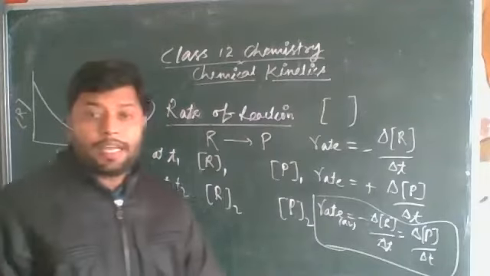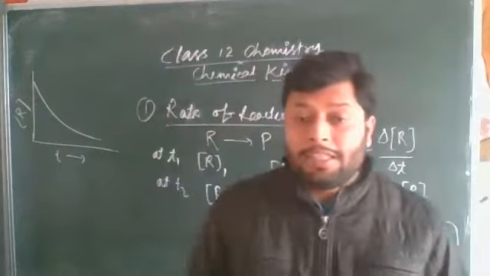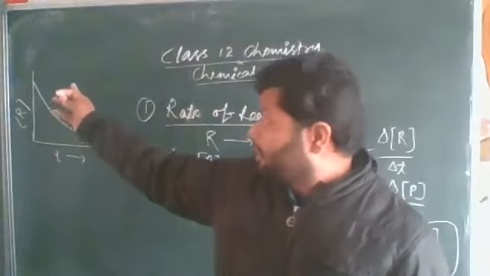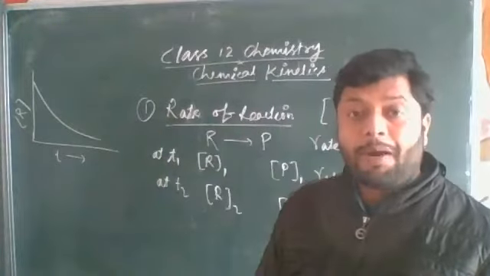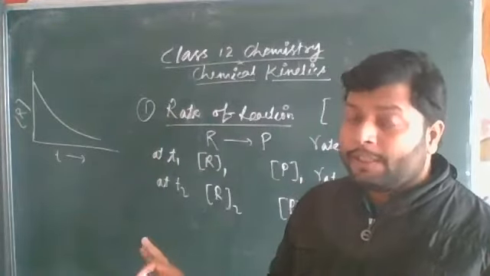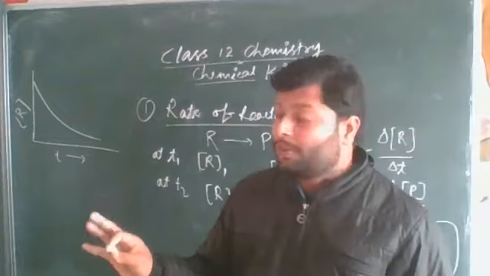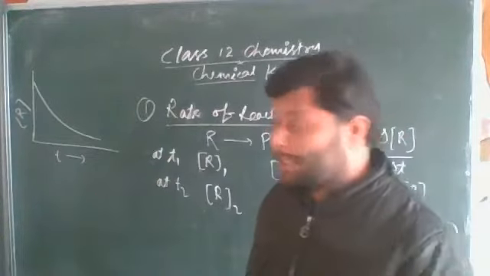We can get a curve that actually indicates the consumption of reactants. For any 2 points, you can just take out the difference of the reactants.